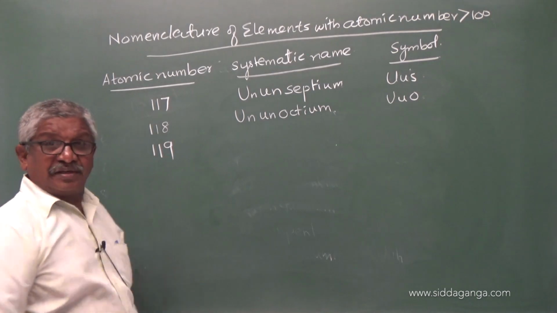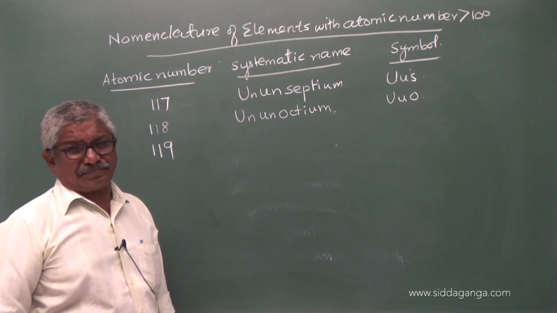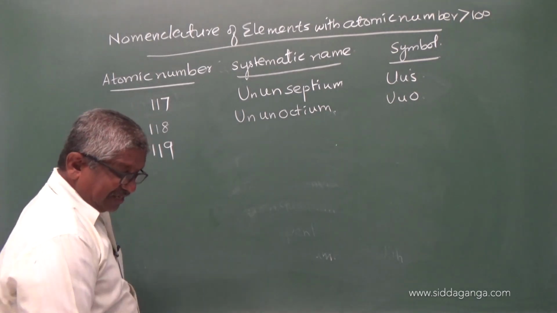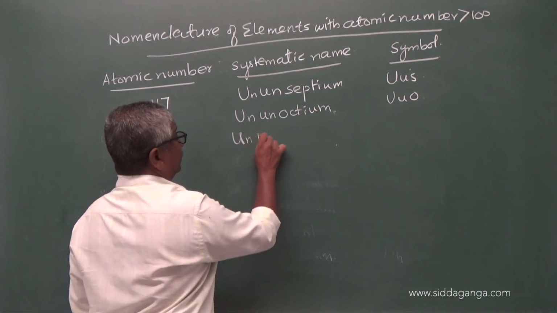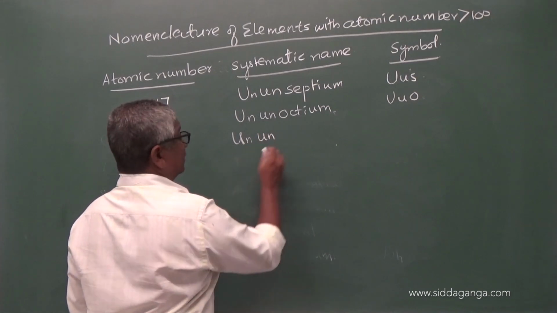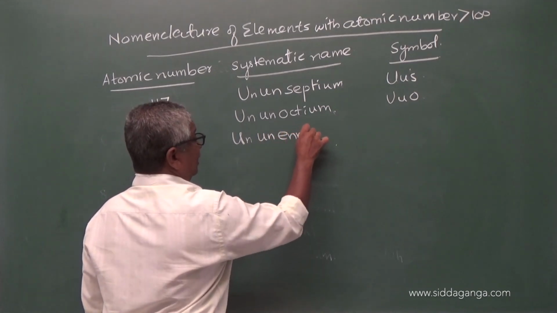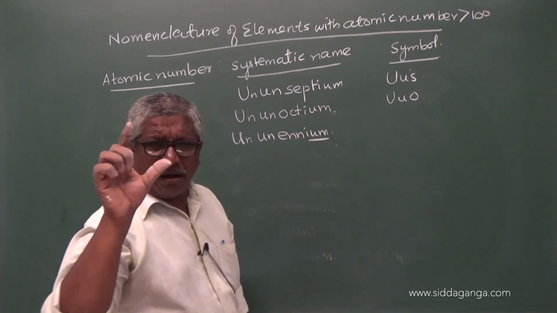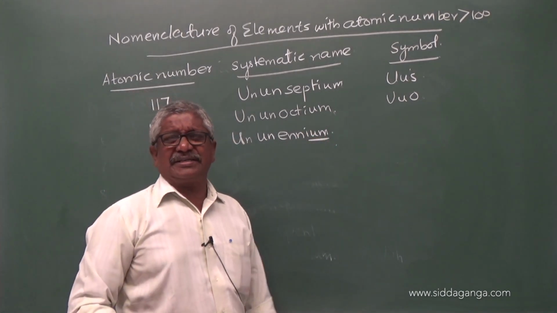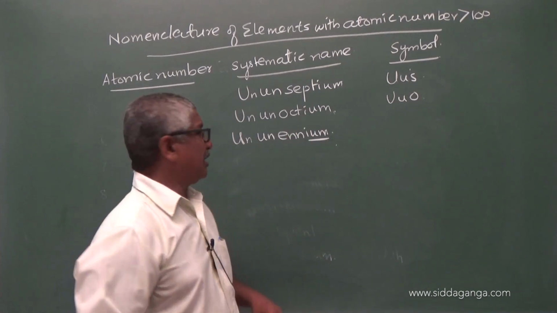119. In 119, it is un, un, 9 it is enn, ium. Ium is common for all the elements. Last 3 letters ium is the common for all.